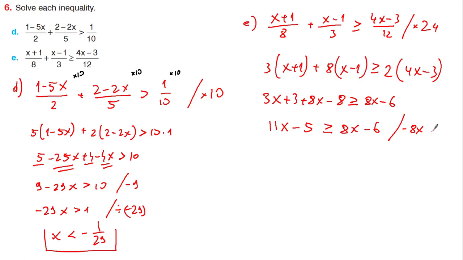Minus 8x from both sides, plus 5. So to get rid of this 5 and this 8x, to separate x's on one side and constants on the other side. So 11x minus 8x is just 3x is greater than negative 6 plus 5, that's negative 1. Divide both sides by 3, x is greater than negative 1 over 3.